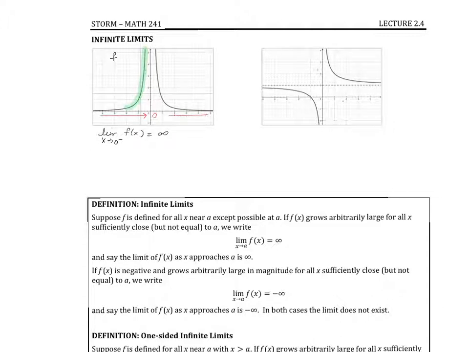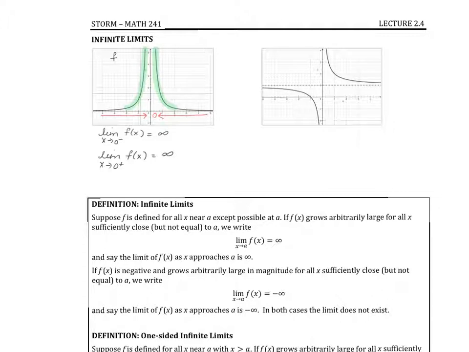As our x's get closer and closer to 0 from the right, our graph is going up to positive infinity. So we would write the limit as x goes to 0 from the right of our function f of x is equal to positive infinity. Again, with the understanding that positive infinity technically means the limit does not exist.